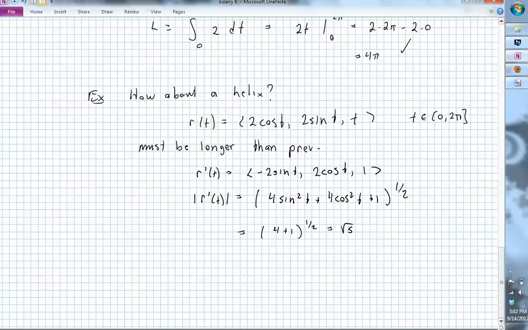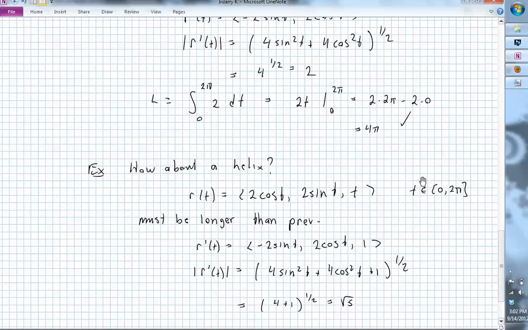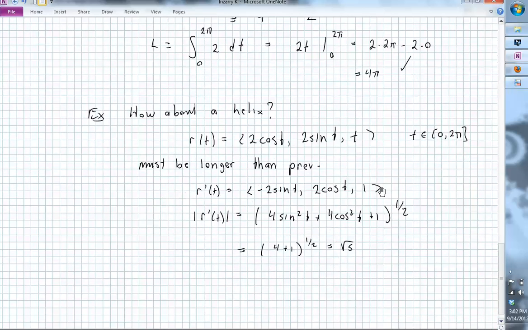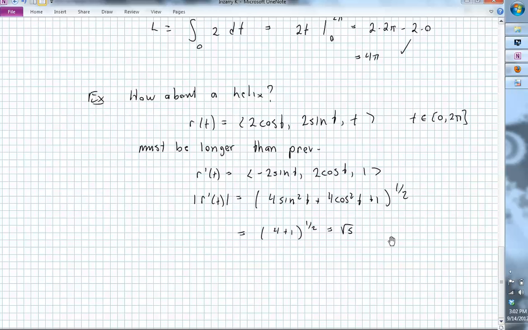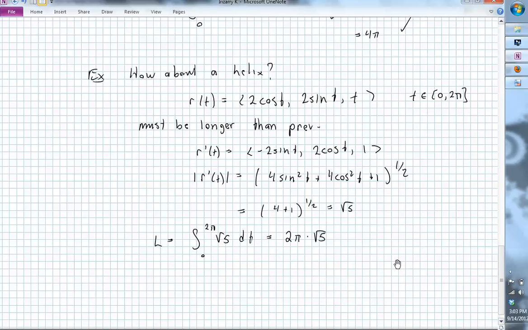So at this point in the calculation earlier, we had a 2, right? And now we've got a root 5. And which one's bigger? Root 5, right? Because root 4 is 2, root 5 has to be bigger. But let's finish the calculation. So the arc length here is 2 pi root 5. And we've observed already that this is longer. So that's reassuring.